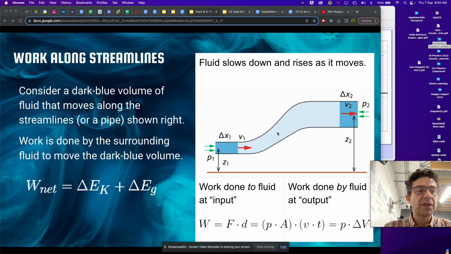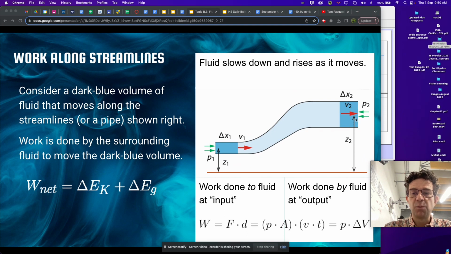So what we're going to be doing is thinking about a pipe that rises and also changes its cross-sectional area. That's going to be the system where we're going to derive Bernoulli's equation. Imagine that we have this dark blue chunk of water moving through a pipe, and over some amount of time it ends up at this location on the other side.